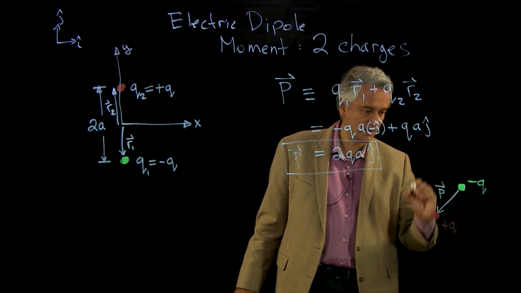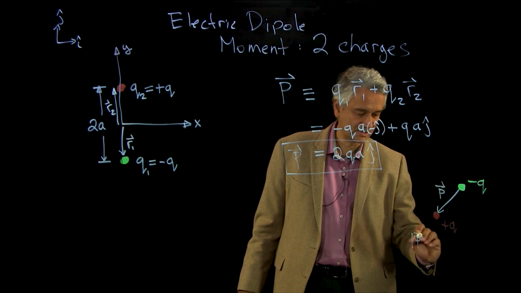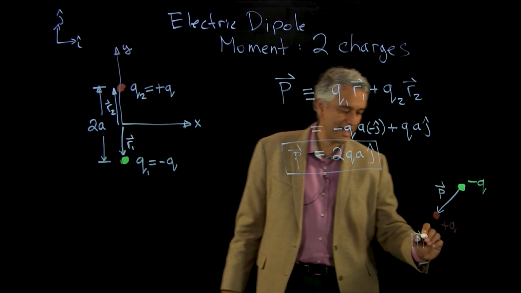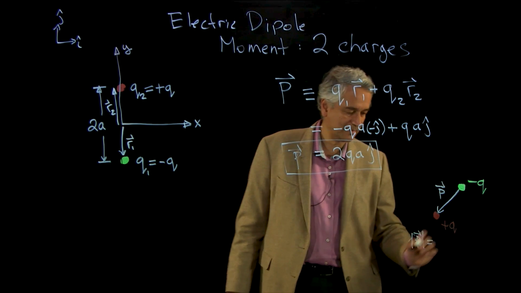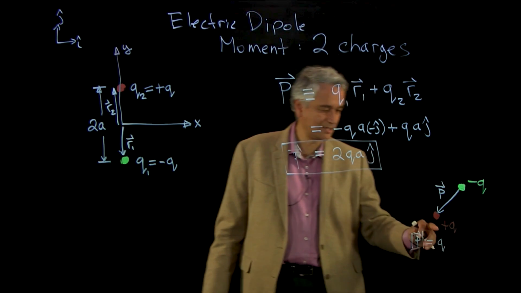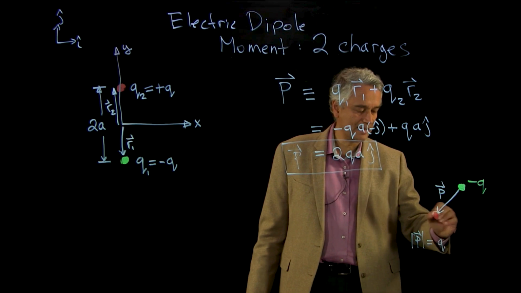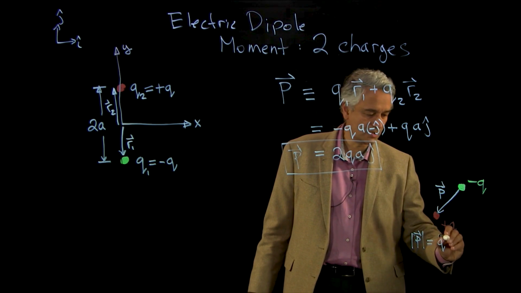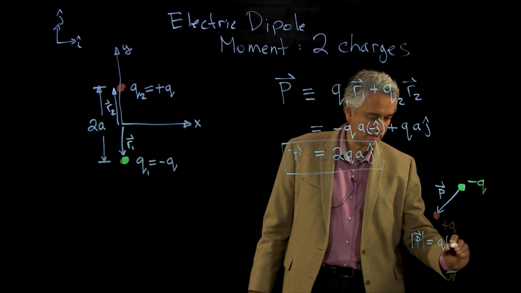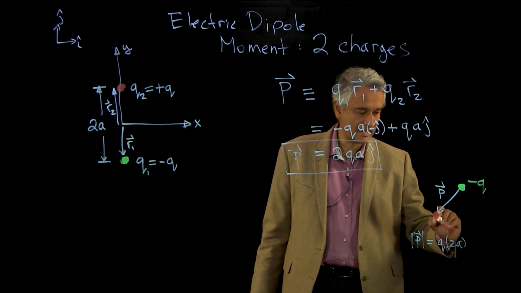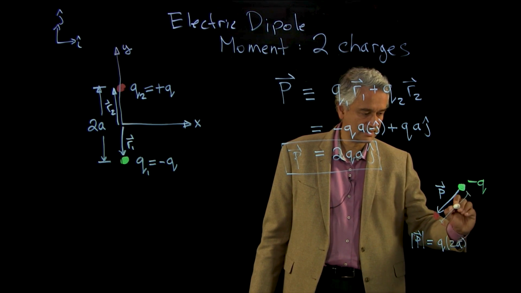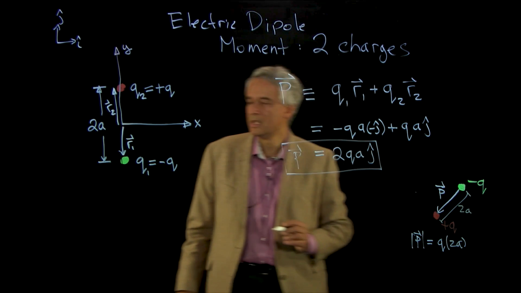And the magnitude of this electric dipole moment will be given by Q, which is the magnitude of the charges at the two ends, times the separation between the two, which we are going to be calling 2a, again being this distance here.